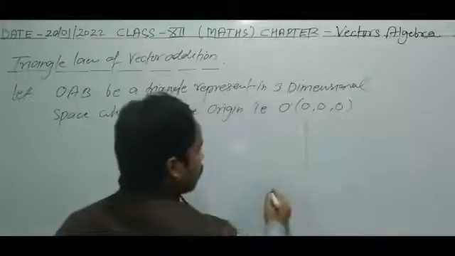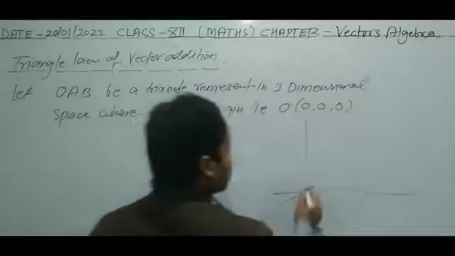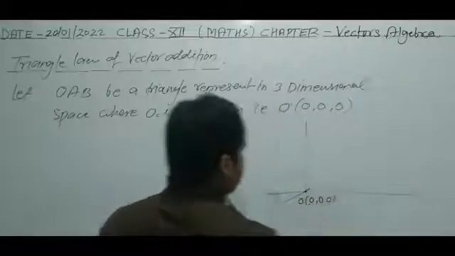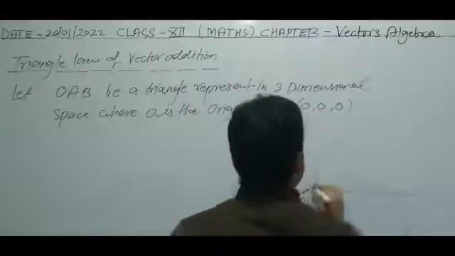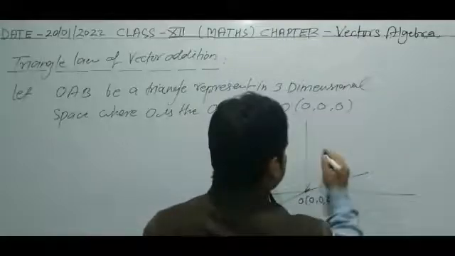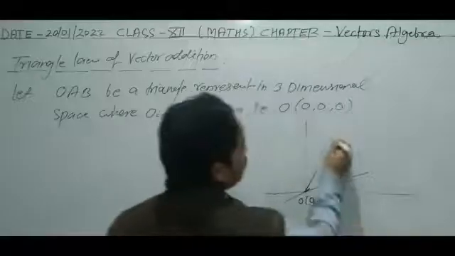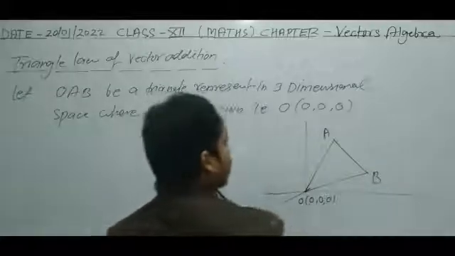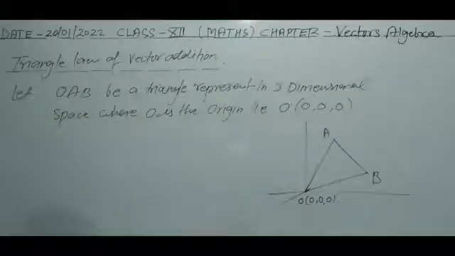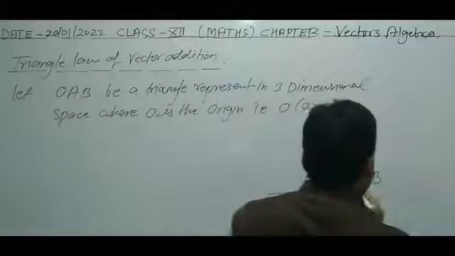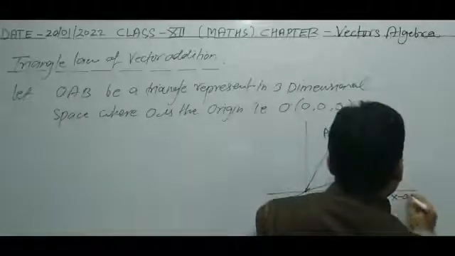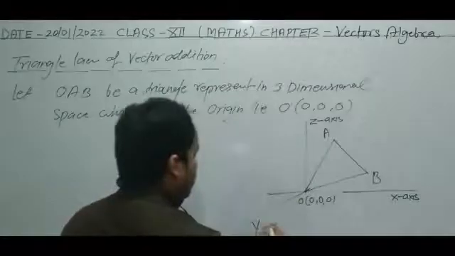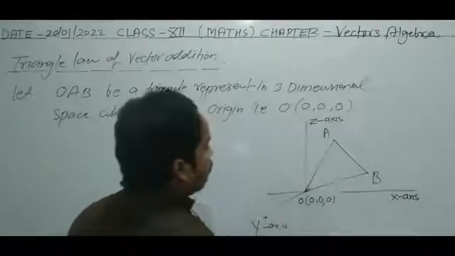Now you will see this is the point O having coordinates 0, 0, 0, and this is A, B. Now we can suppose this is the x-axis, this is the z-axis, and this is the y-axis, the positive y-axis.